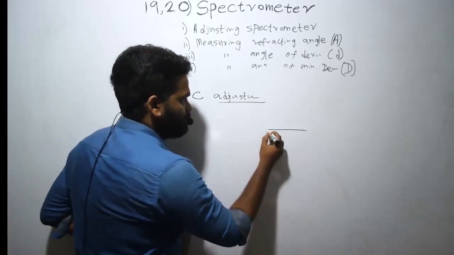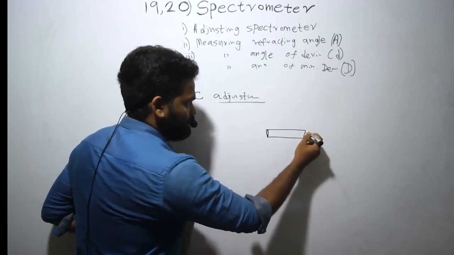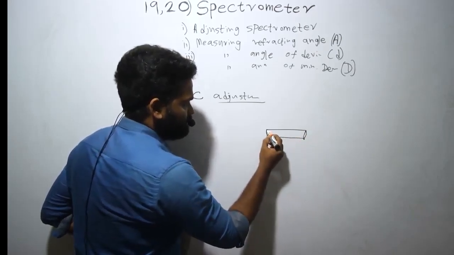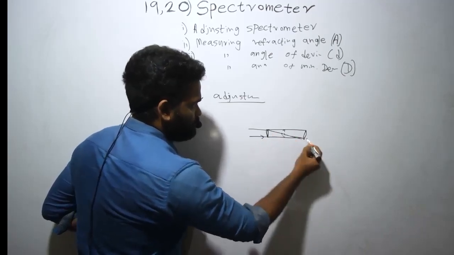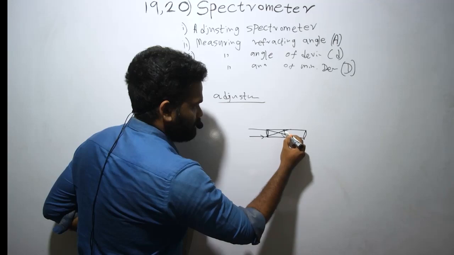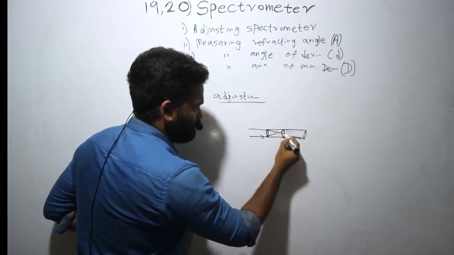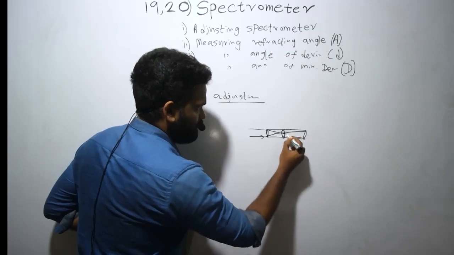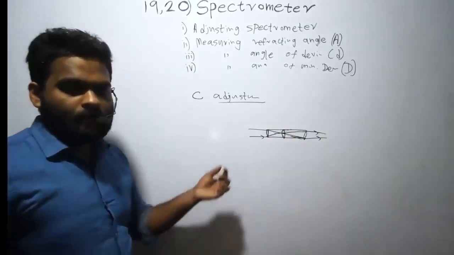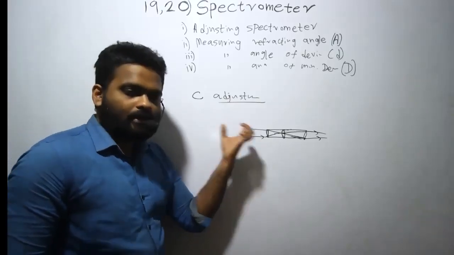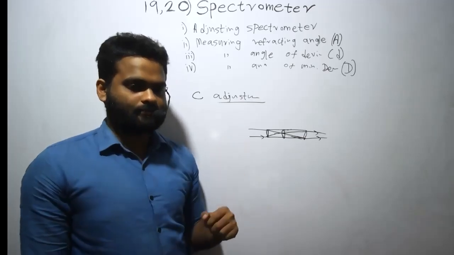The telescope is adjusted now. So what do you mean by adjusting the collimator?